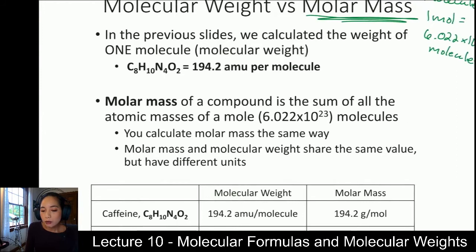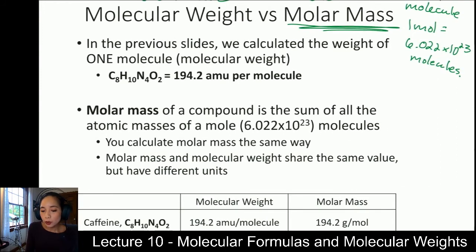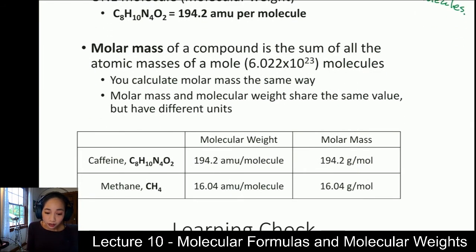So how much does 6.022 times 10 to the 23 molecules of caffeine weigh? Thankfully, the periodic table tells us this, and it's not that much different. Essentially, you calculate molar mass the same way we just did molecular weight. Molar mass is the same value, but it has a different unit than molecular weight.